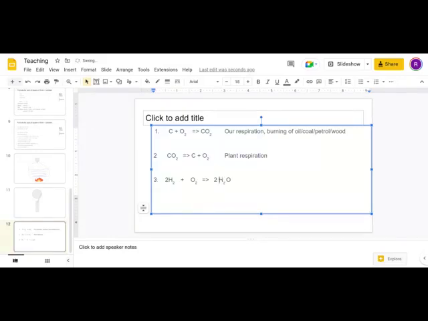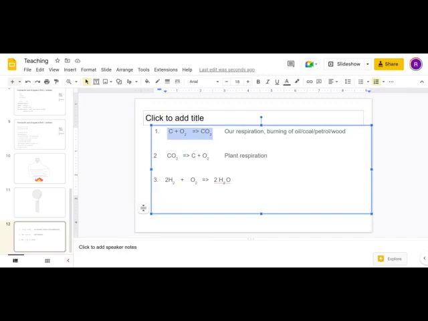Okay? Now, does this reaction release energy, produce heat, or does it take heat? Do you think this thing produces energy, or does it consume energy? Produce energy, exactly. Okay. What about this one? Carbon plus oxygen. Does this produce energy or consume energy?